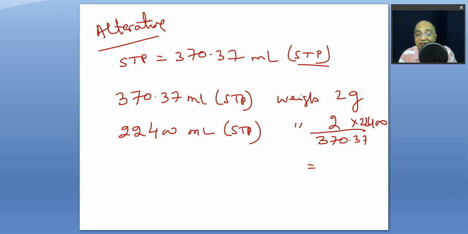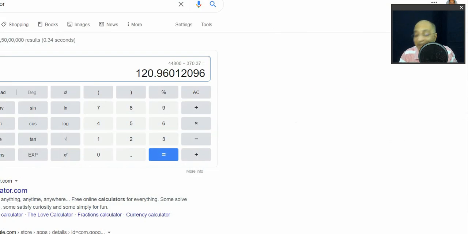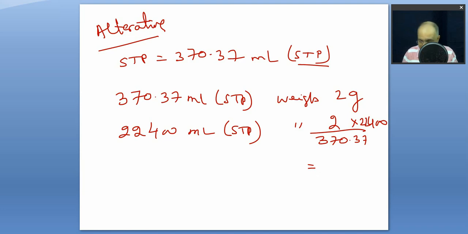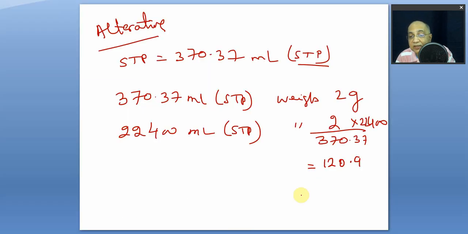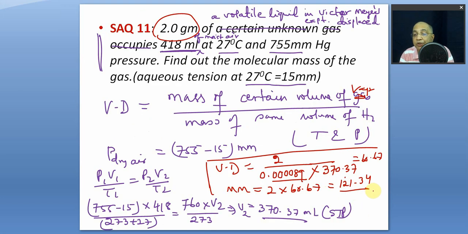Yes, this is almost the same answer that we got, 121 point something. Here we are getting a little different, since the methods are different, 120.9 something we got, isn't it? In the earlier Vd method we got 121.34, because this is an experimental value.